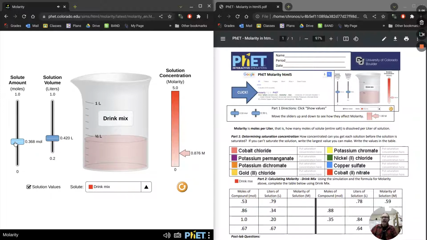And so you can see some definite changes that happen as I raise or lower one or the other. Not only does that affect the molar concentration, but if you take a look at the beaker itself, it also shows you a change in the color intensity.